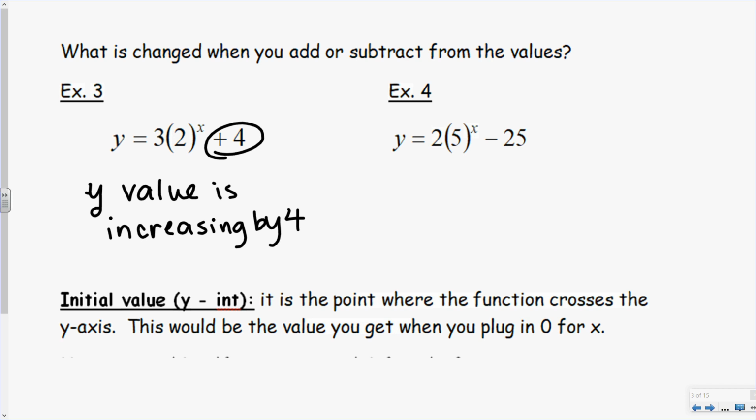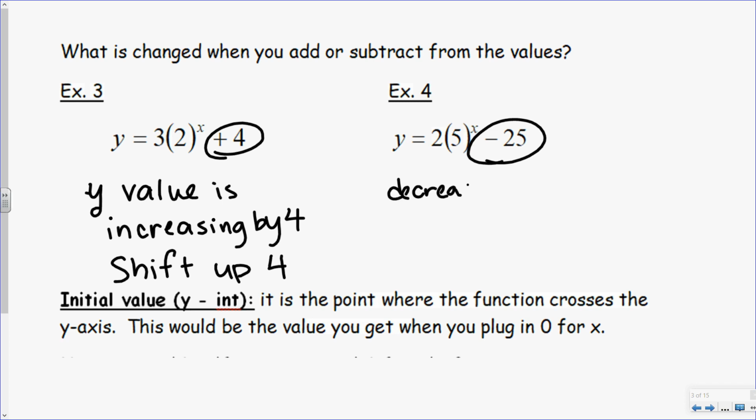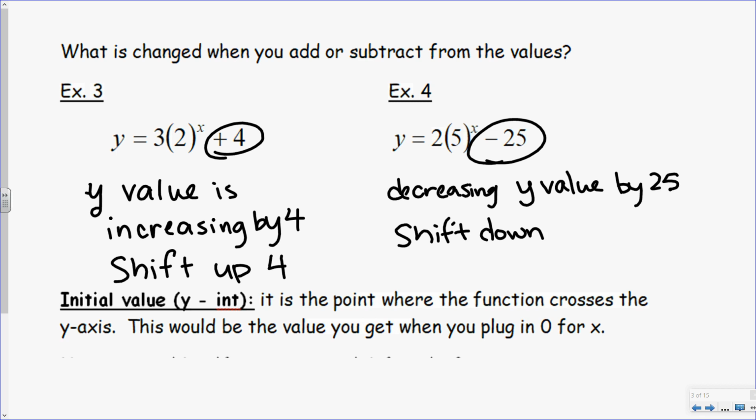So in other words, I'm shifting it up 4. So if I subtract 25, I'm decreasing my y value by 25. So I'm shifting it down 25.